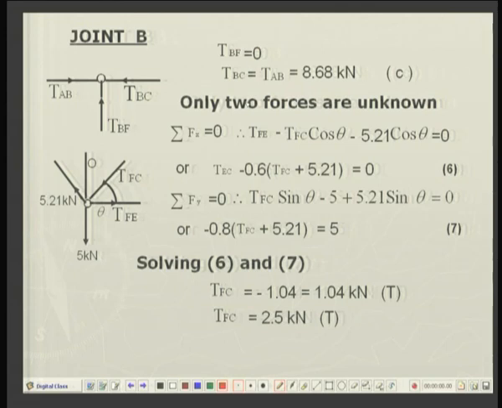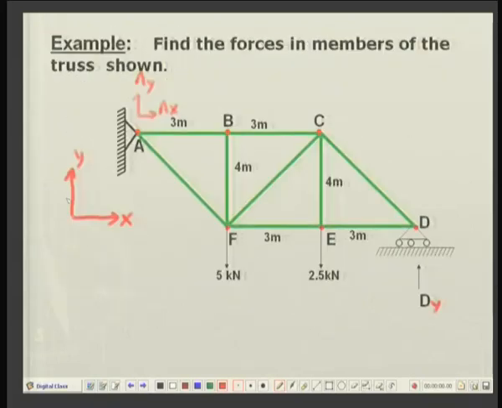Now, next we will take the joint F. If I again show you this joint F, okay. So, this is how we proceeded, A to B, B to F. Now, in this case it appears that there are 5 forces, 1, 2, 3, 4, 5.